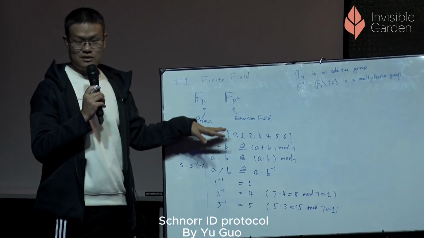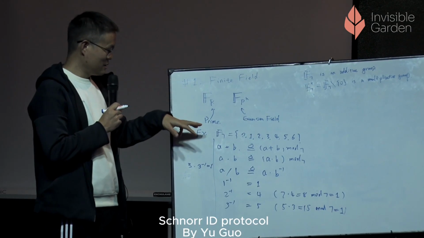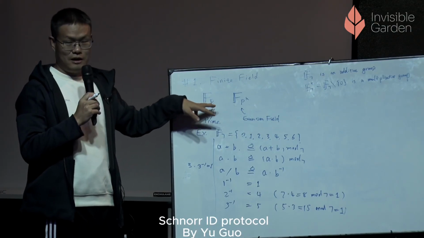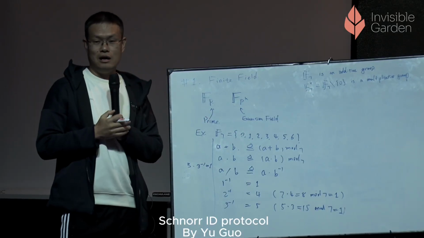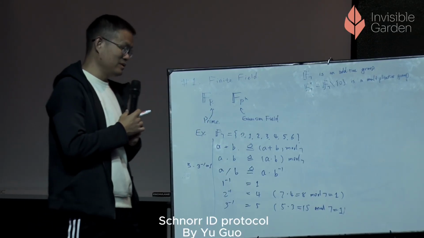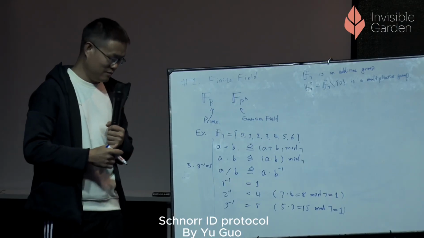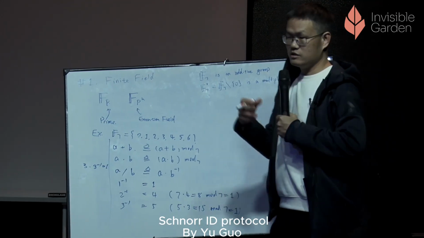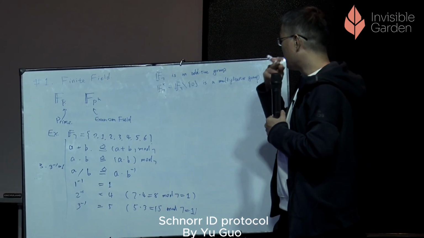It's a finite field, a prime field, but in practice we need p to be sufficiently large, for example 256 bits long. So p is very big, and then we get some security properties.